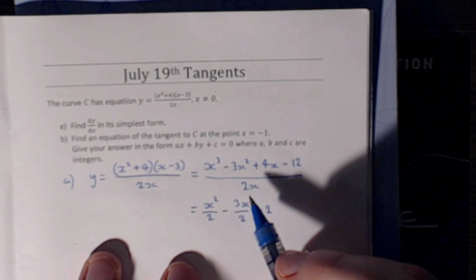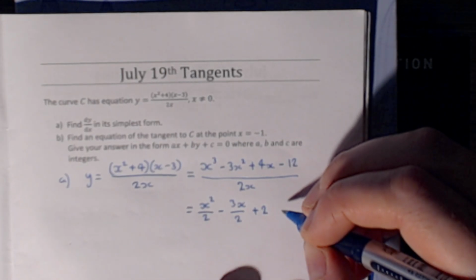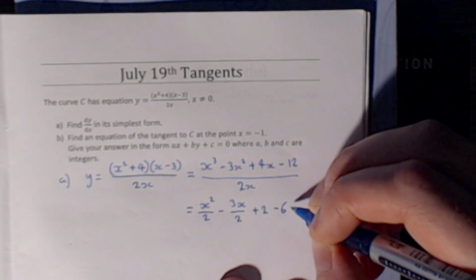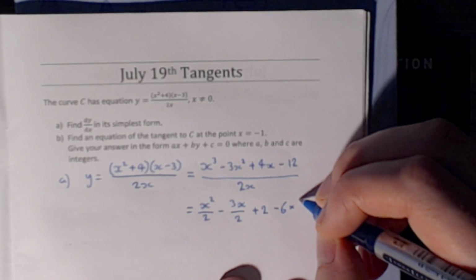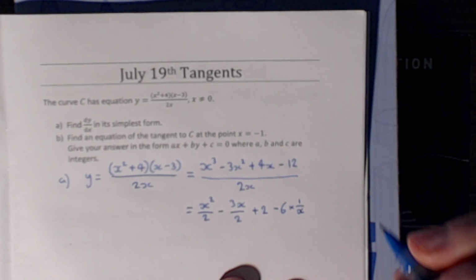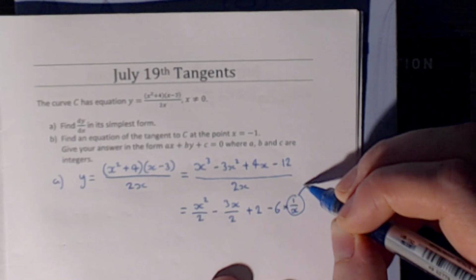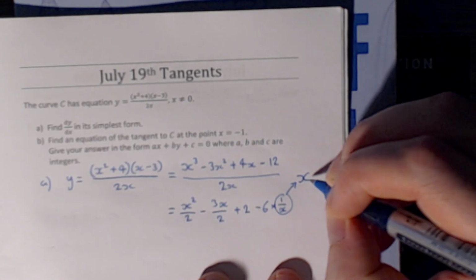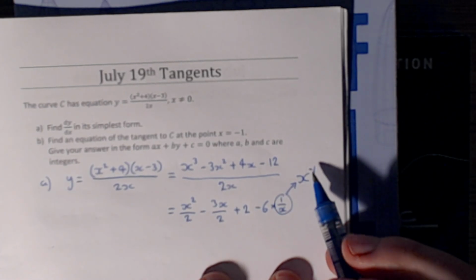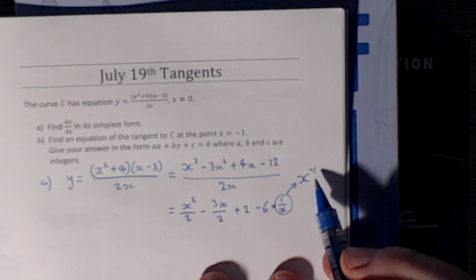And minus 12 divided by 2x, well, that's going to be minus 6 over x. Now this is going to be our 1 divided by x. And we should recall that we actually want to write this as x to the power of negative 1. So then we can differentiate that using our rule.